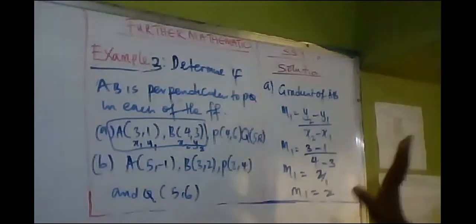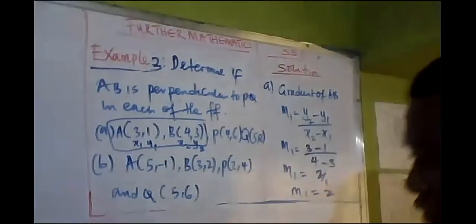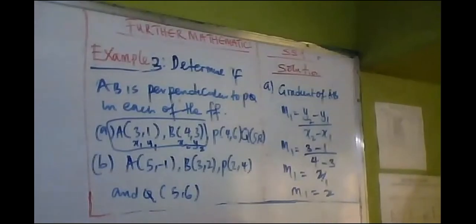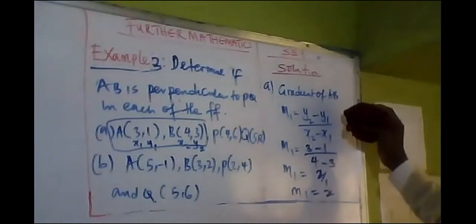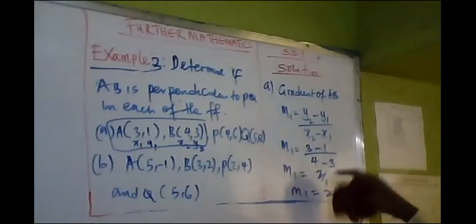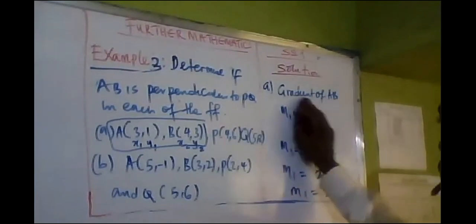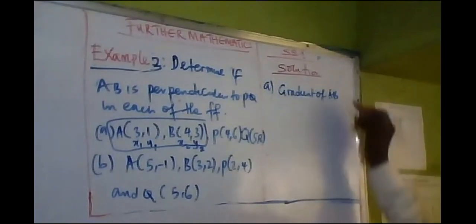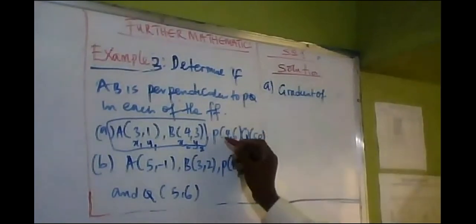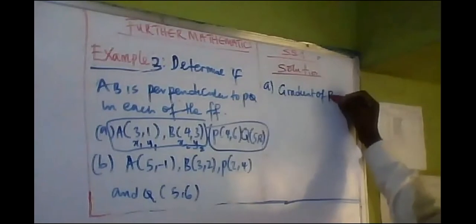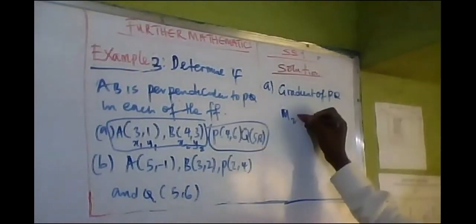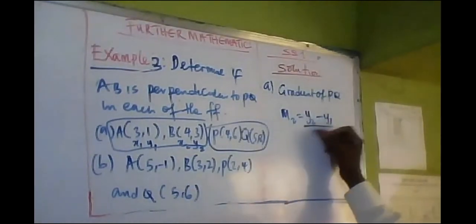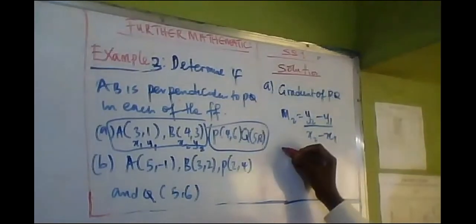So pause your video and watch very well because I don't have much space. I'm going to clean this again to get our M2. M1 is 2. So let's get M2, the gradient of the line PQ. Again y2 minus y1 over x2 minus x1.